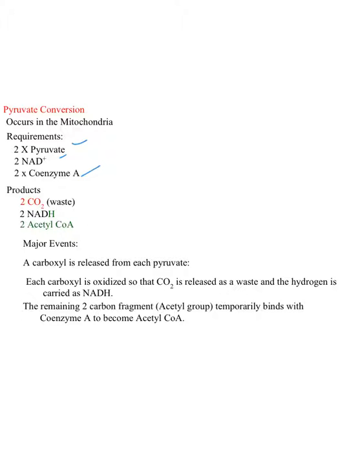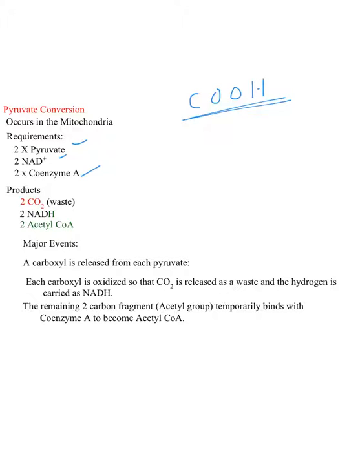Remember carboxyls? COOH, right? So this is sometimes referred to as the tricarboxylic acid cycle because each of the pyruvates are going to have to lose 3 carboxyls. You'll see it in a sec.